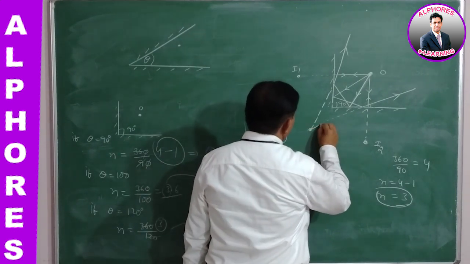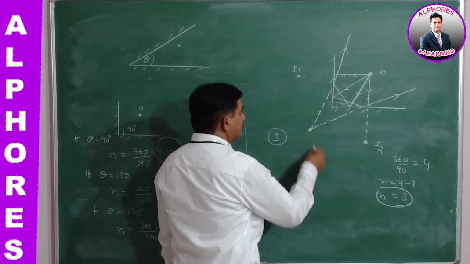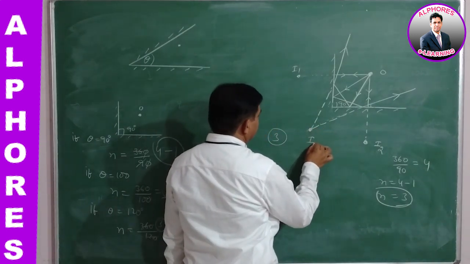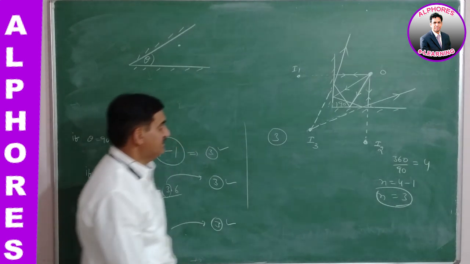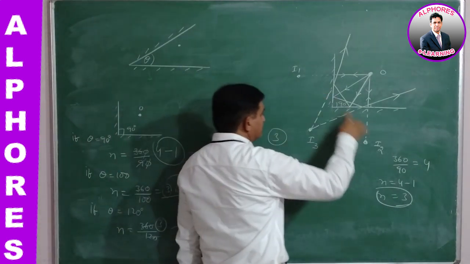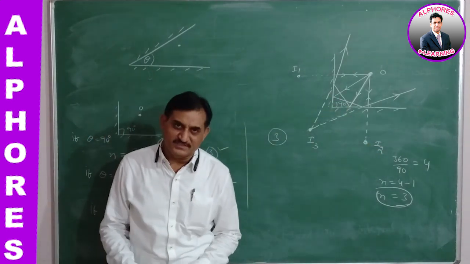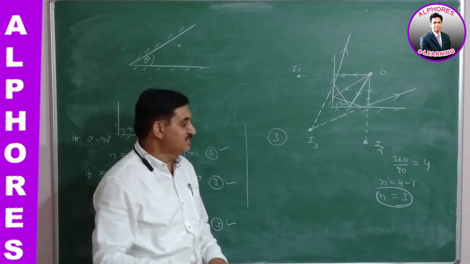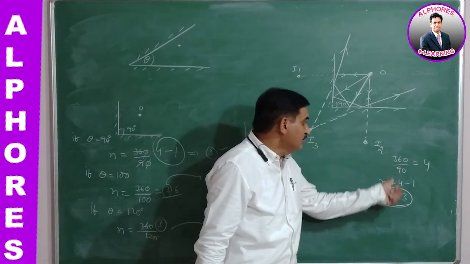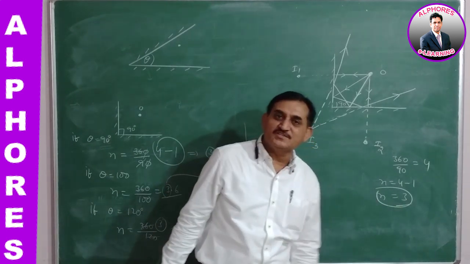These two extended light rays give an intersection point where one more image is located. Now this is image 1, this is image 2, this is image 3. All together, 3 images are formed, according to the numerical method.